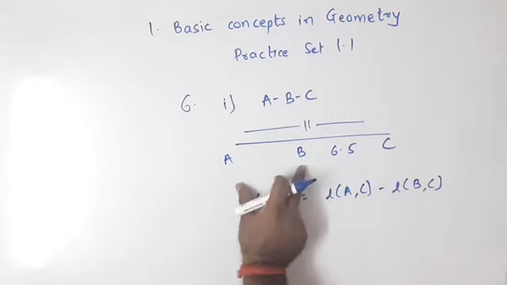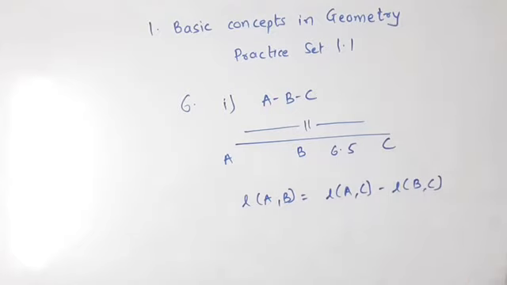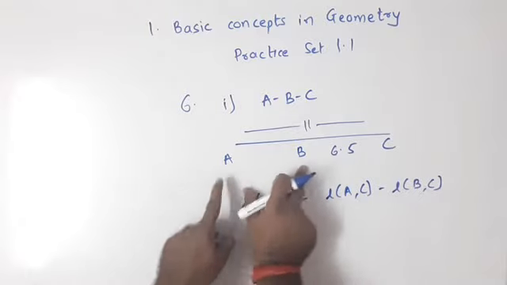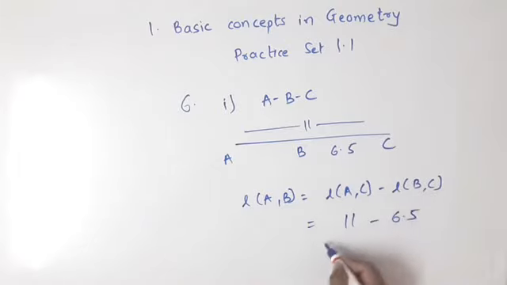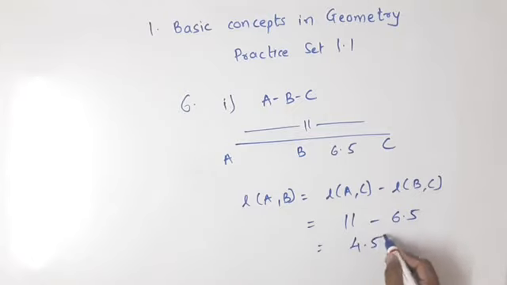If you don't understand this, there is another way, but it is very easy. AB is AC minus BC. So it is 11 minus 6.5. I think this is 4.5. So length AB we got 4.5.